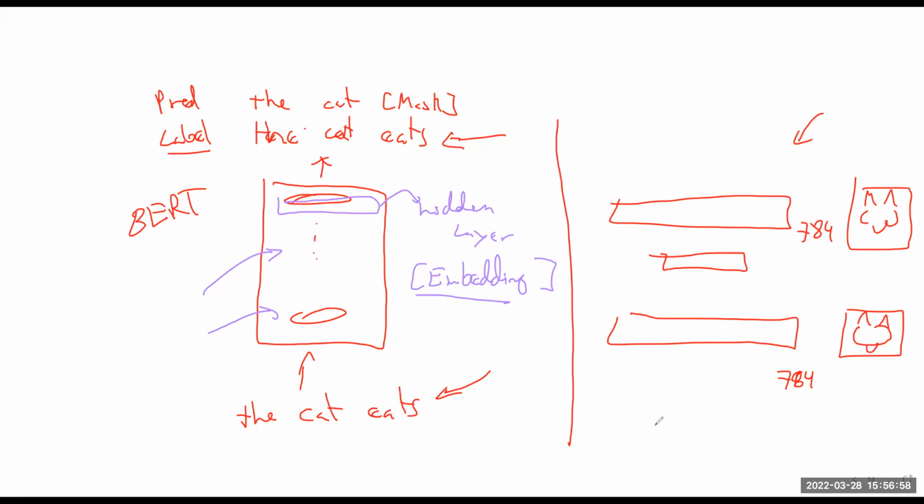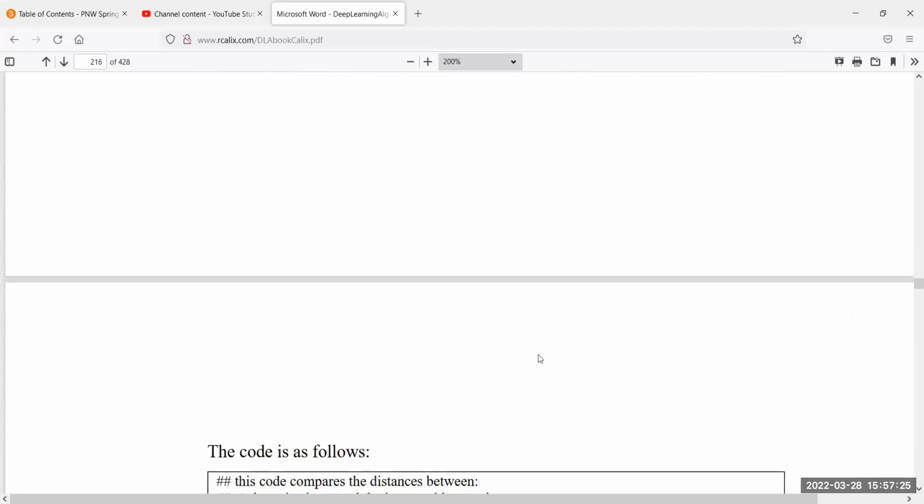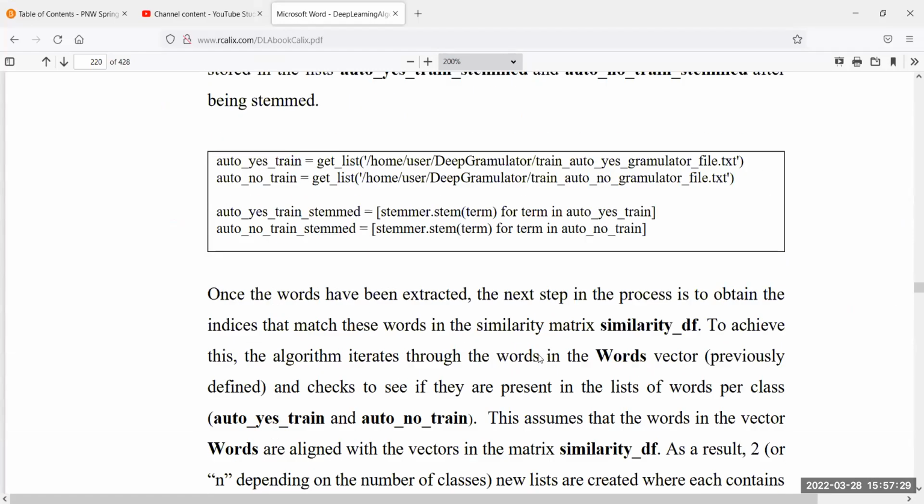All right, so that was the other connection I wanted to make to encoders. I was hoping you guys would have more questions. I'm not seeing any questions here. But these are the building blocks that I wanted to discuss before getting into BERT itself, but we'll save that for the latter half of today. So now we should be ready. You can read the rest of this chapter to understand a little bit more about encoders.